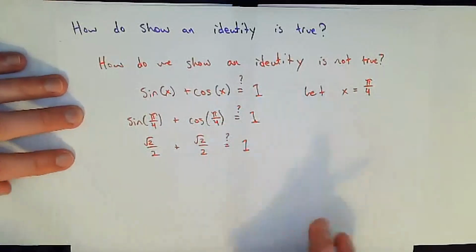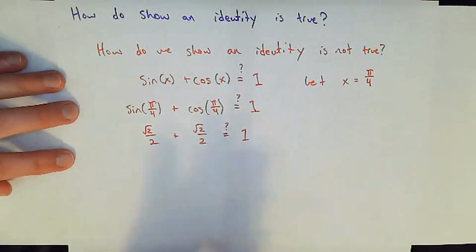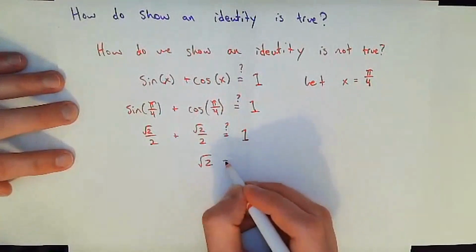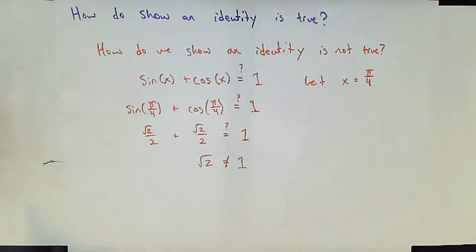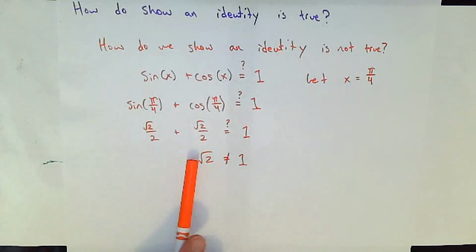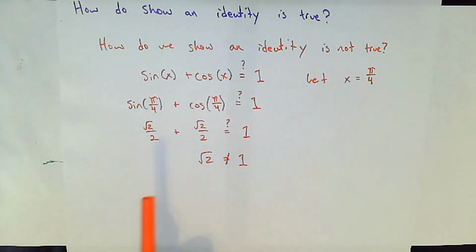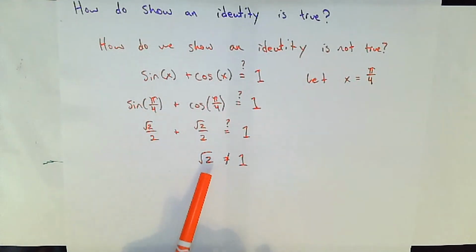Is that equal to 1? Well, no. Square root of 2 over 2 plus square root of 2 over 2 is 2 square roots of 2 over 2, which cleans up to square root of 2, which is not equal to 1.